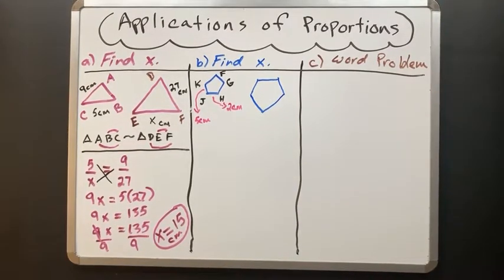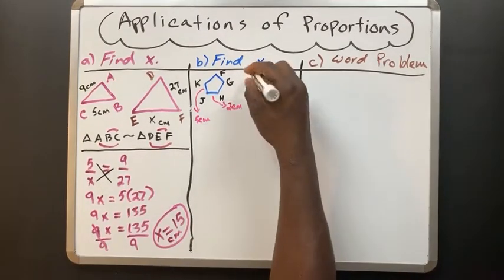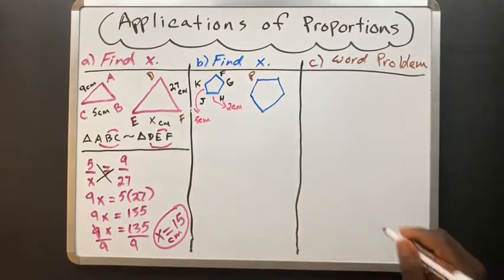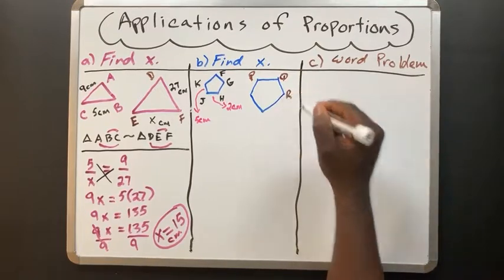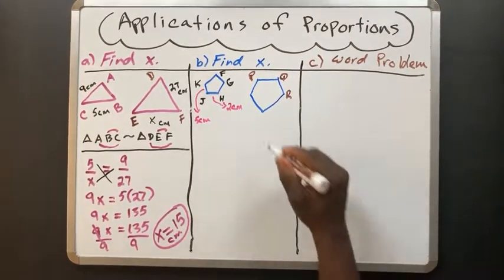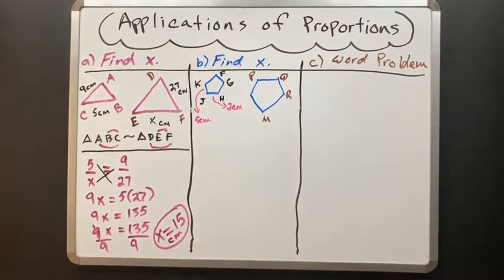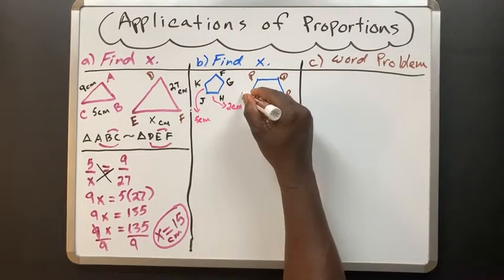Now, in this case, using different colors here, this vertex is P, Q here, R. This vertex is M, and this vertex here is N.